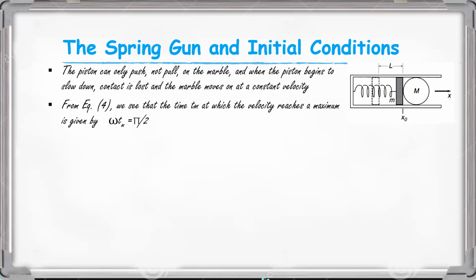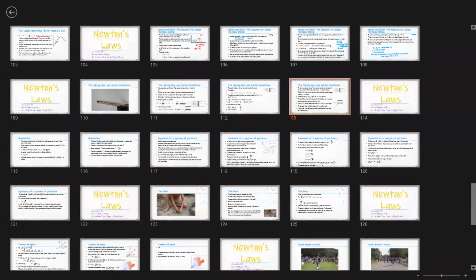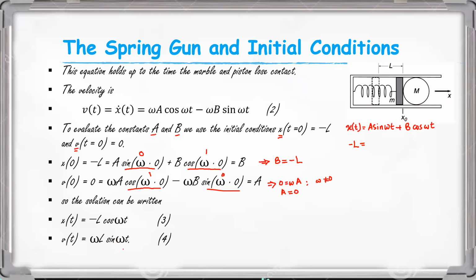So first we have to find the time at which the velocity reaches a maximum. It is obtained from this equation. We have obtained v of t is equal to omega L sine omega t.